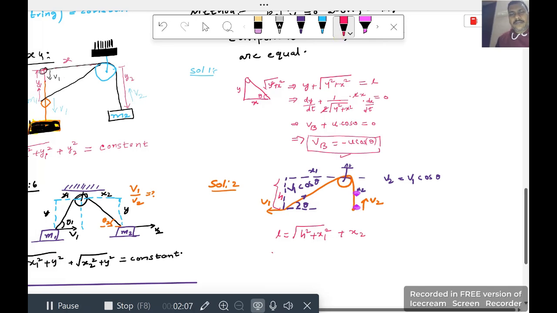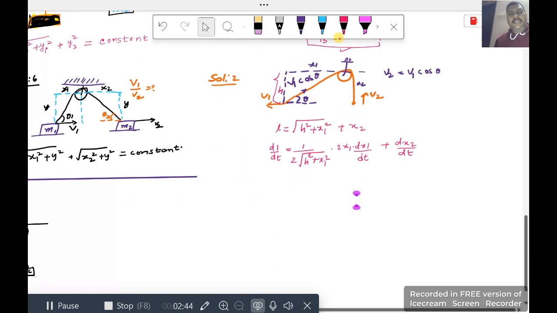Now differentiating with respect to time, dL by dt is equal to 1 by 2 root of (h square plus x1 square) into 2x1 into dx1 by dt, by the chain rule, plus dx2 by dt.